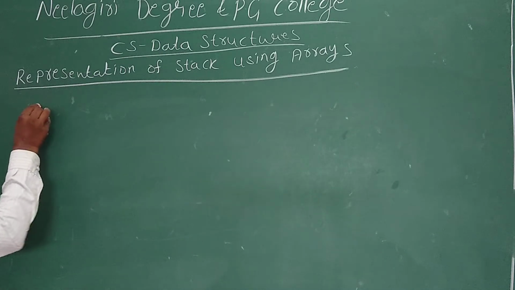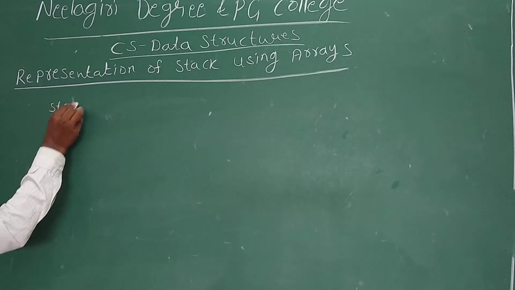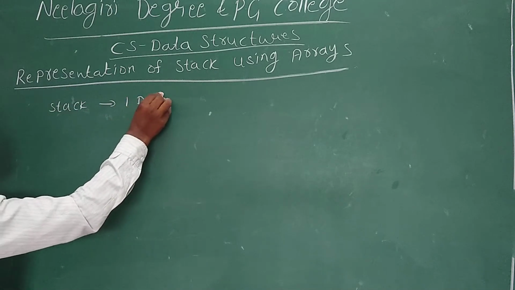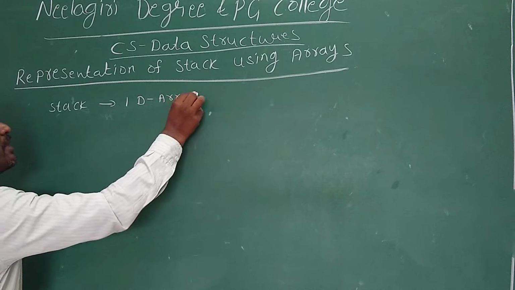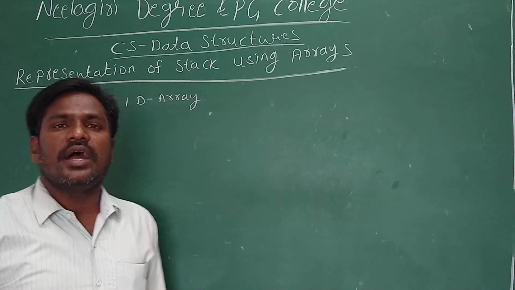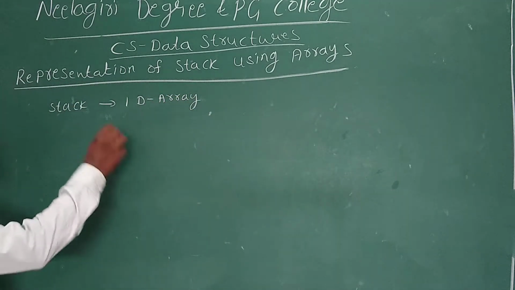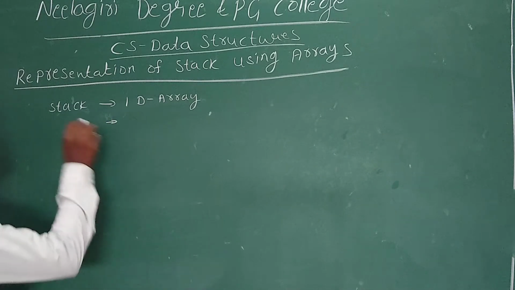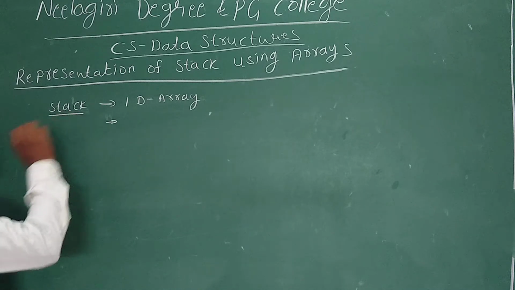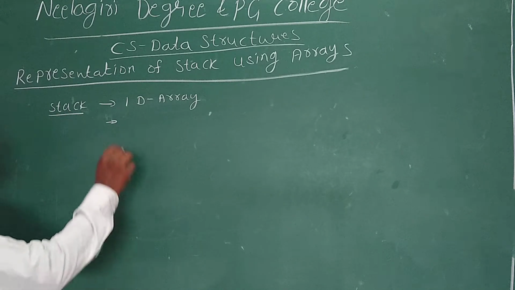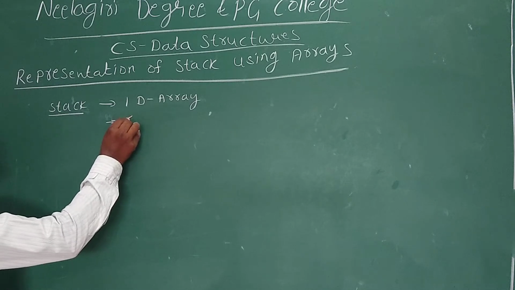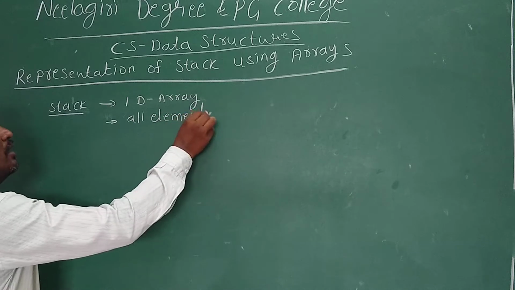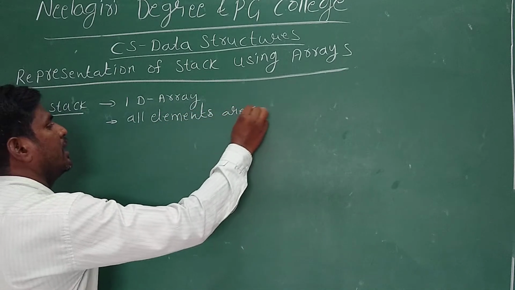Generally, to represent a stack, we require a one-dimensional array. We already studied that an array is a collection of similar type of elements. That means a static stack is used whenever all elements are of the same type.